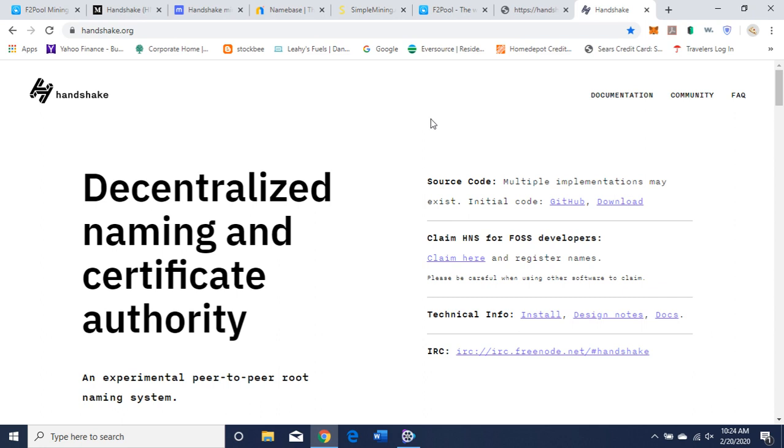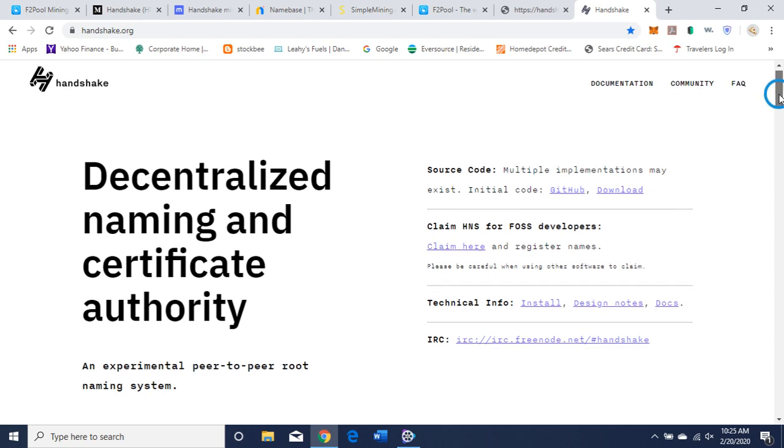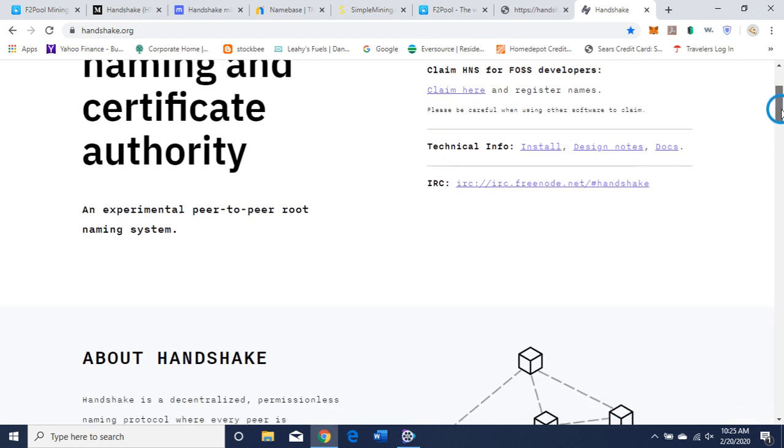So here on the right side of the website we have some links, the source code, developers, technical info. You have the frequently asked questions here, community and documentation. The frequently asked questions are important. Again, it gets kind of lengthy, so I'm going to let you check that out when you get a chance. If you're interested in the project, you want to look a little bit more in depth on it, check it out.